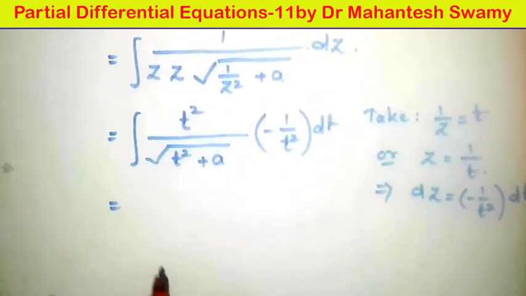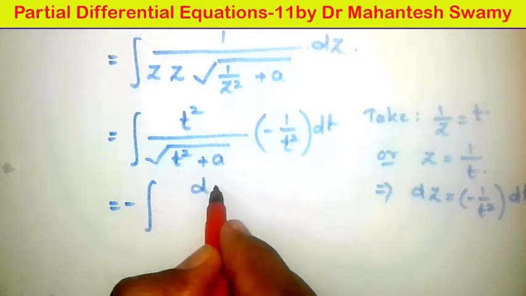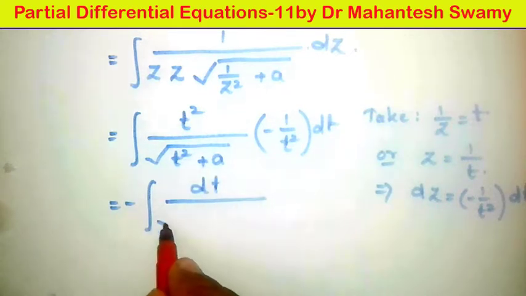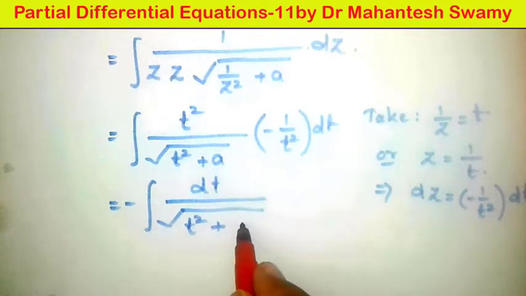It is simply minus taken outside, integral of dt divided by square root of t square plus, it can be written as root a whole square.